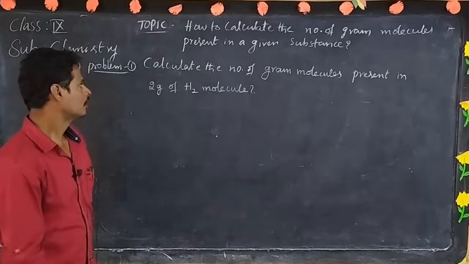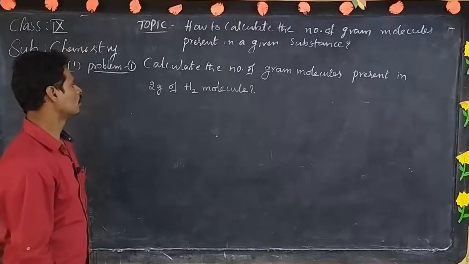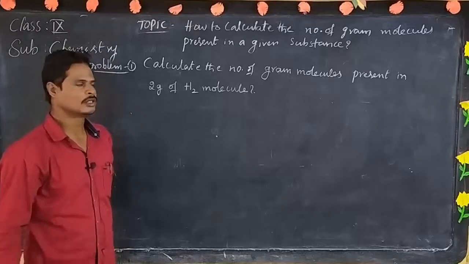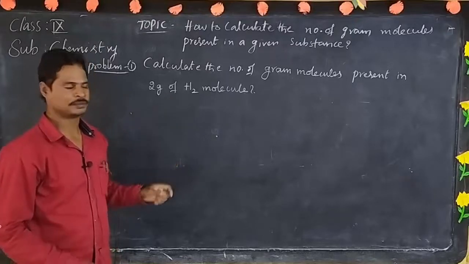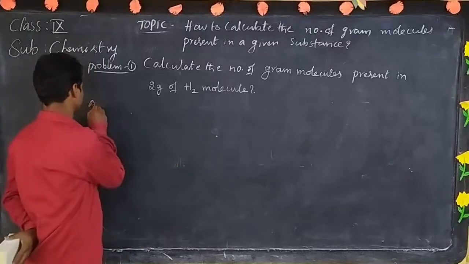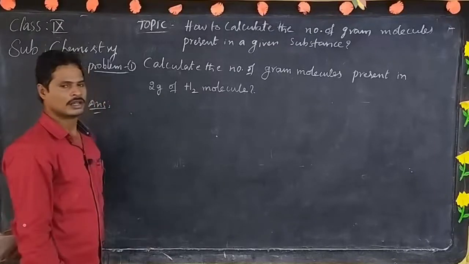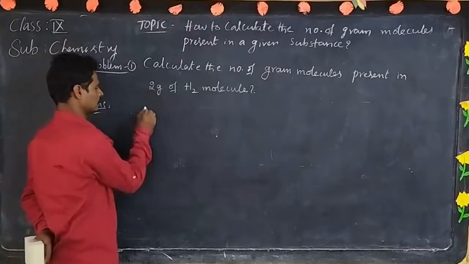What is our question? Calculate the number of gram molecules present in 2 grams of H2 molecule. Now what we have to do? According to the question, we can identify what is given. Here given weight of molecule equal to 2 grams.